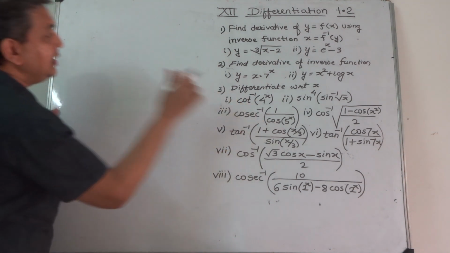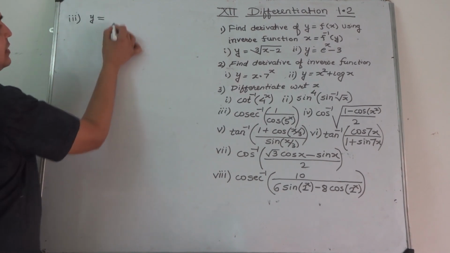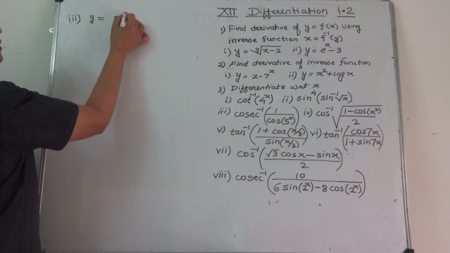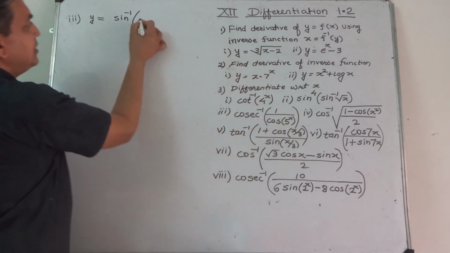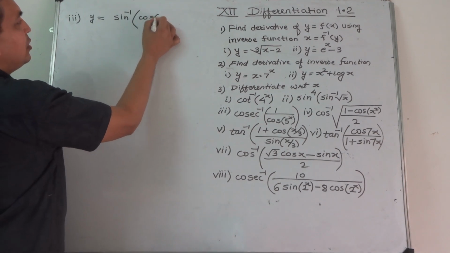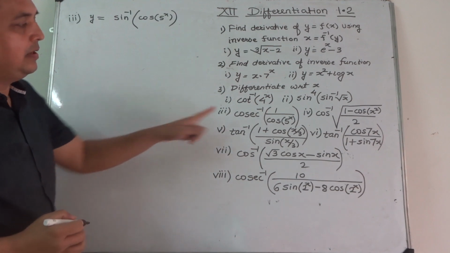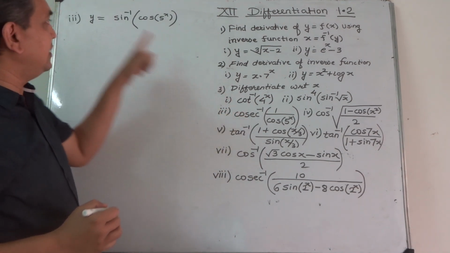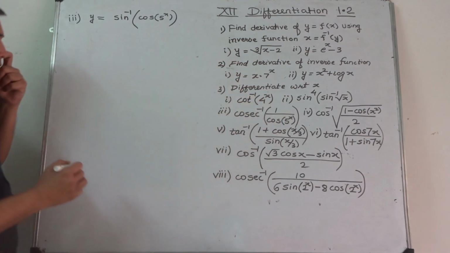So cosec inverse can be written as sine inverse of, and we take the reciprocal of this, cos of phi raised to x. Is this clear? Reciprocal of cosec inverse is sine inverse, and reciprocal of this is cos phi raised to x.